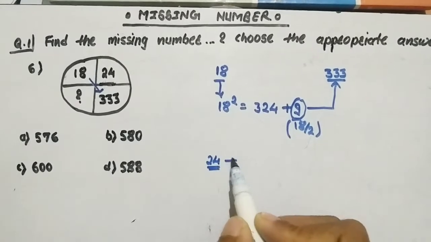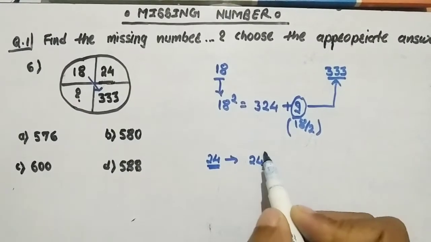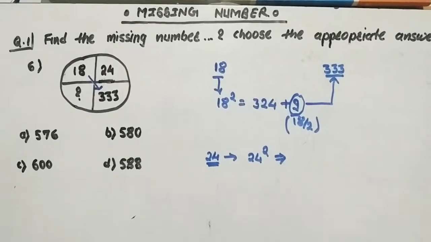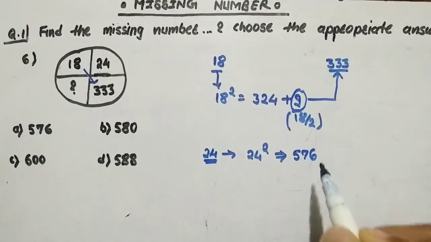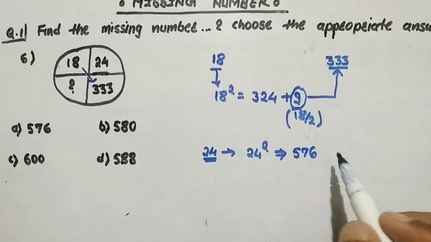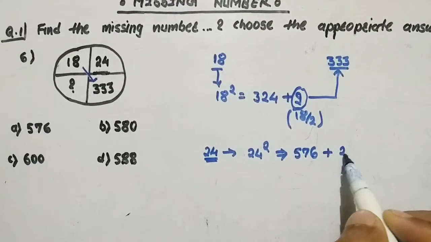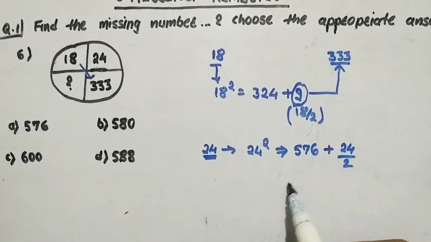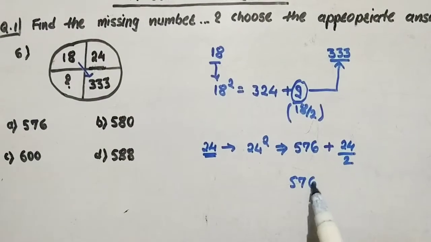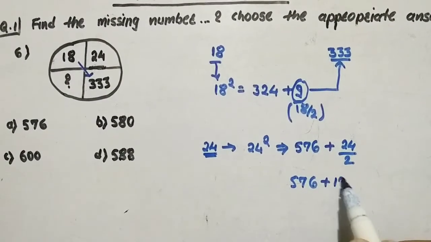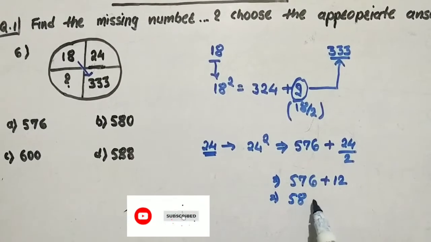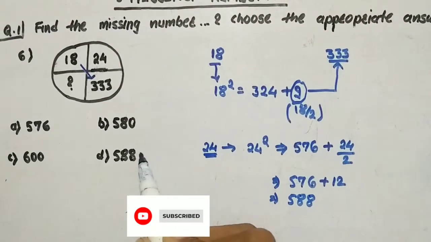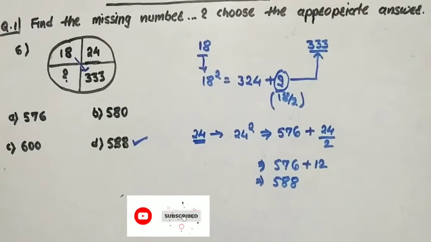First we take the square of 24, which is equal to 576. Then 24 divided by 2. So 576 plus 12, then we will get 588. So option D is the correct answer.